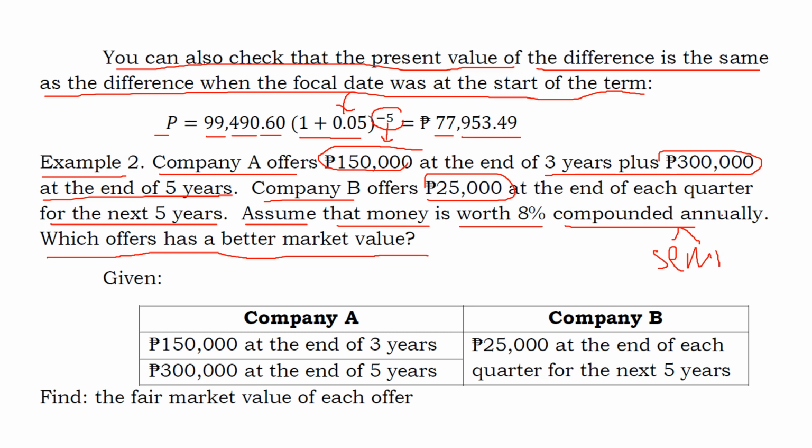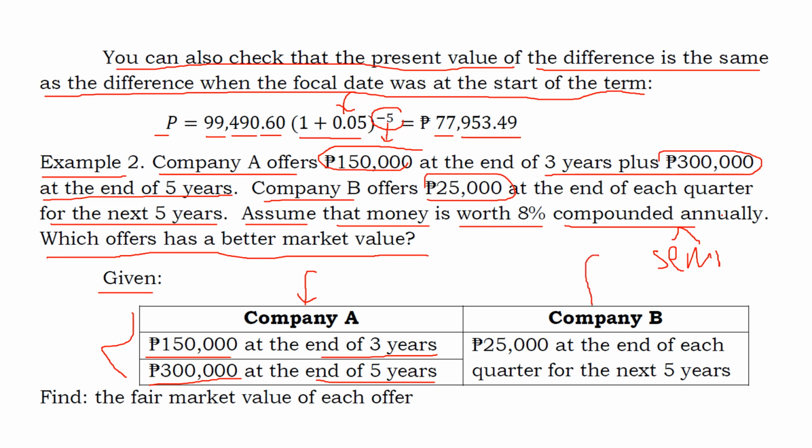Now, for us to visualize the given values more, we just simply use this table. We use the first column for the values aligned to the Company A offer, that is 150,000 pesos at the end of 3 years and 300,000 pesos at the end of 5 years.